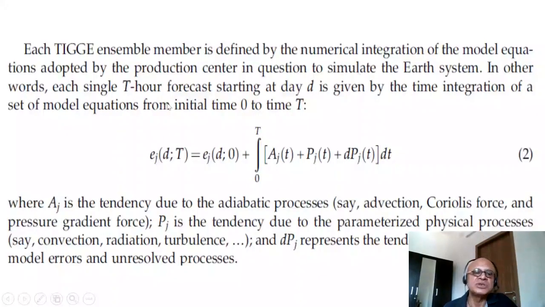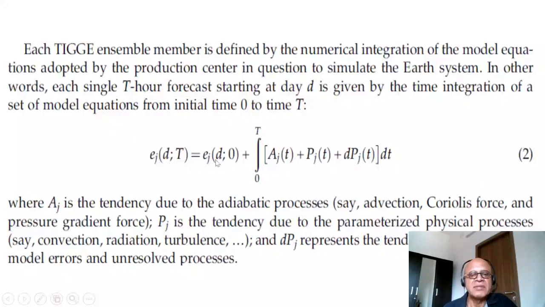In other words, each single t-hour forecast starting at day D is given by the time integration of a set of model equations from initial time 0 to time t. So here is the error starting at day D integrated for time t.